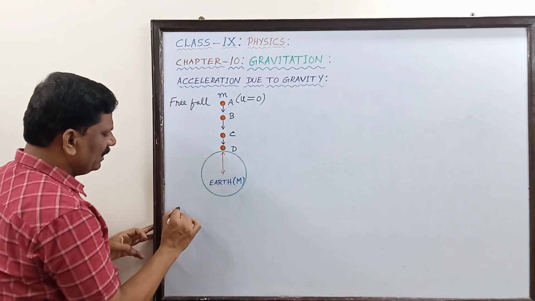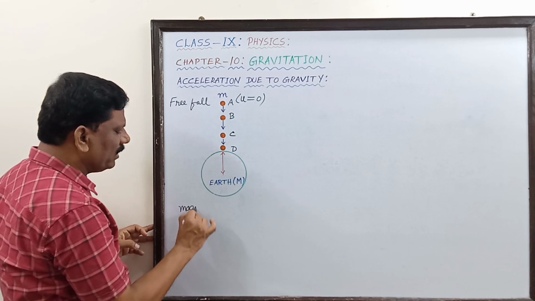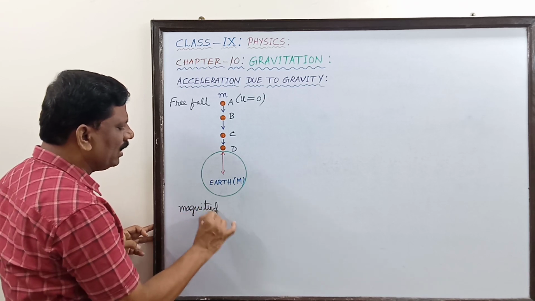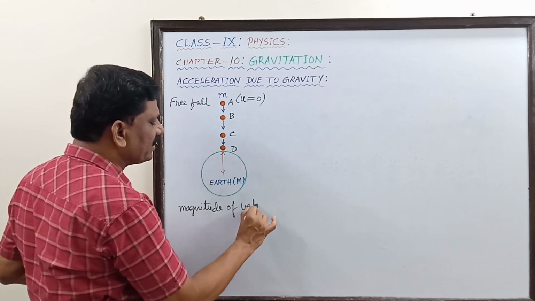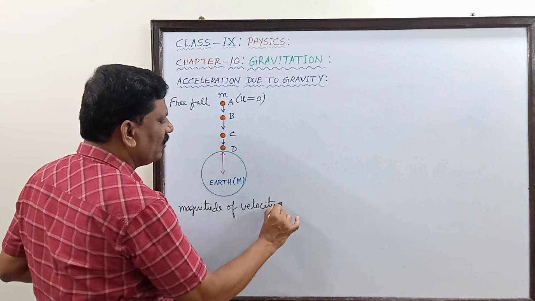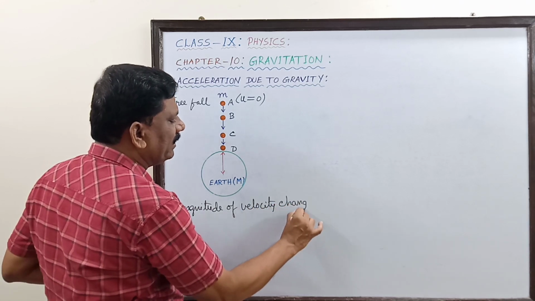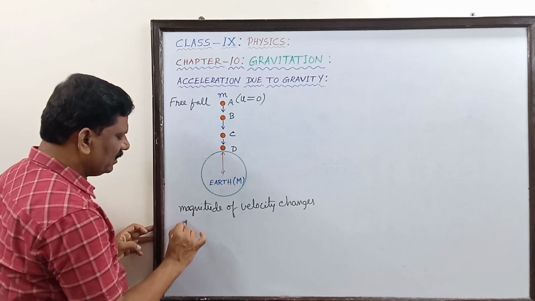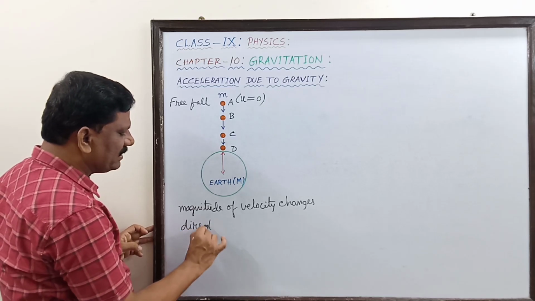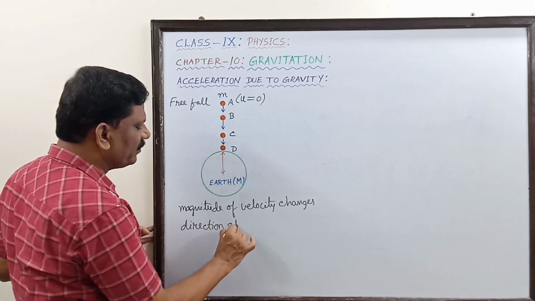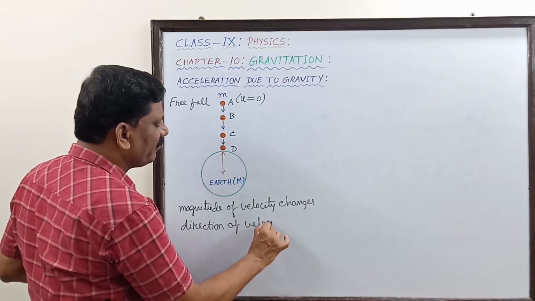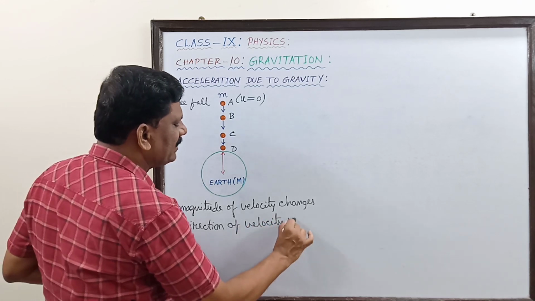So here the magnitude of velocity changes. And what about the direction of velocity? Direction of velocity remains the same.